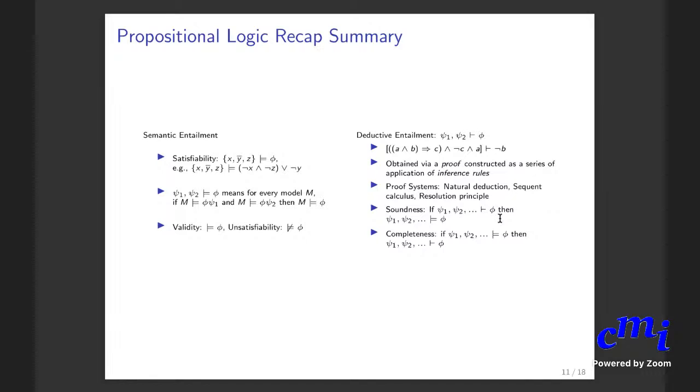What is that symbol called? The single turnstile I call deductive entailment, or you could just say phi is deducible as a logical consequence of psi1, psi2, etc. And what is the second symbol called? The double turnstile is what I call semantic entailment.